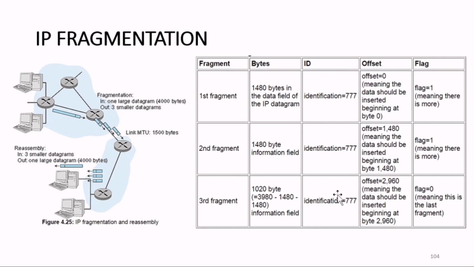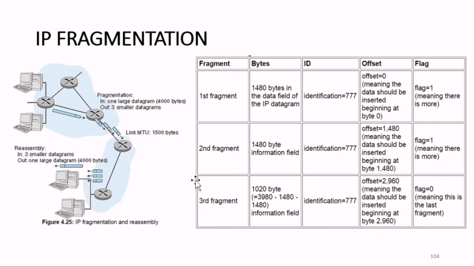The identification is 777, and for the offset, you need to add both fragments here to get this offset value. The flag is equal to 0 because this is the last fragment.